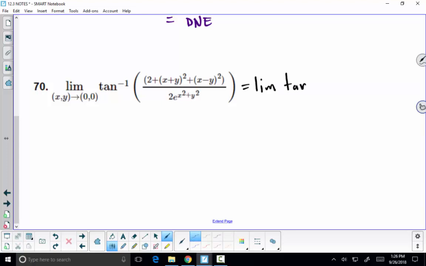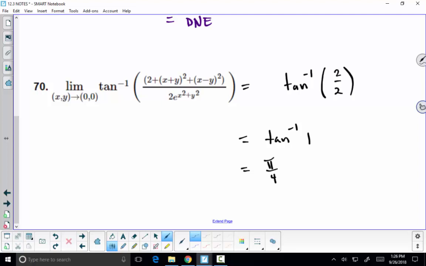So, inverse tangent. Actually, I can take away the limit symbol. We're just going to plug in the numbers and see if it works. When we plug in zeros, we just end up with 2 over 2. So that's the inverse tangent of 1, which is pi over 4.